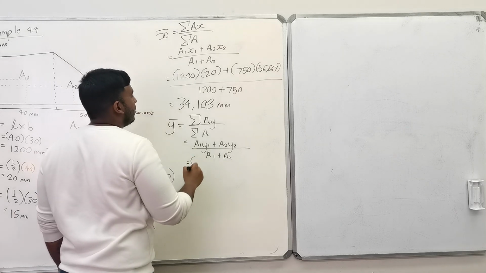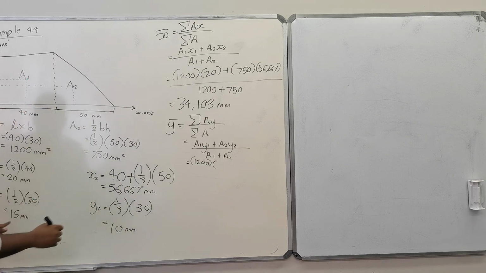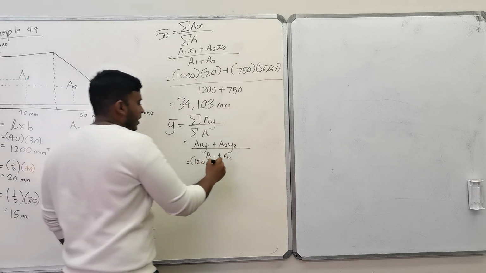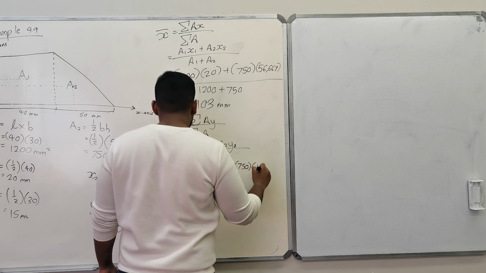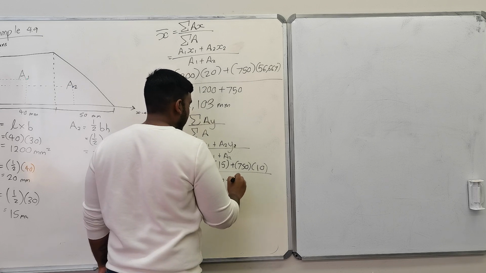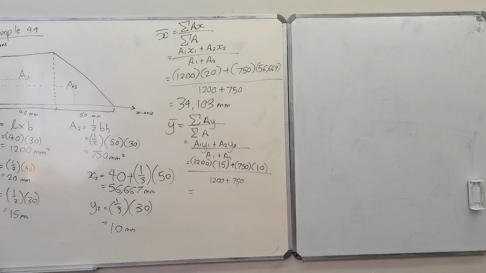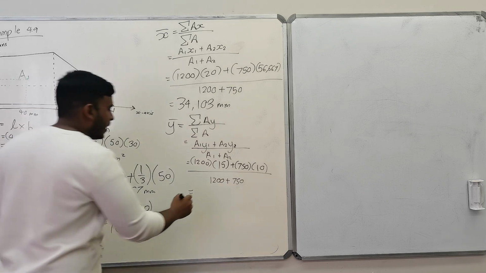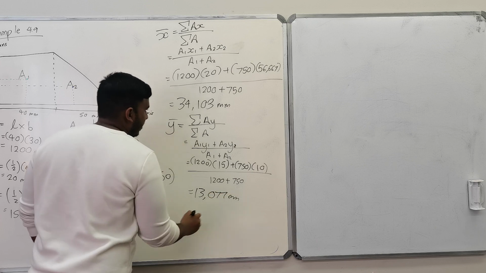This would be equal to 1200 times the y1 value we worked out here as 15, plus A2, which is 750 times 10, all over 1200 plus 750, which is 13.077 millimeters.